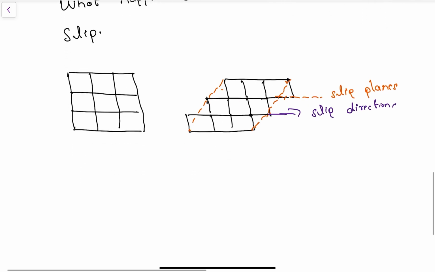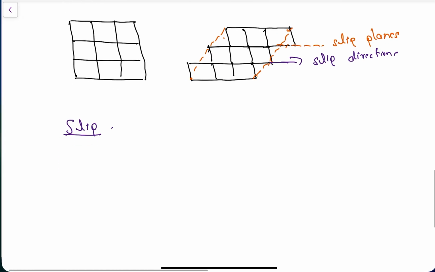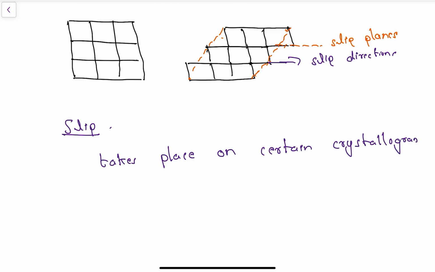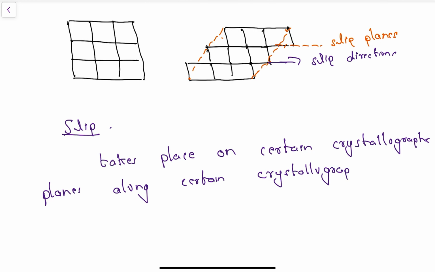So let us examine this process, that is slip, in detail. Slip is a plastic deformation that takes place on certain crystallographic planes along certain crystallographic directions.